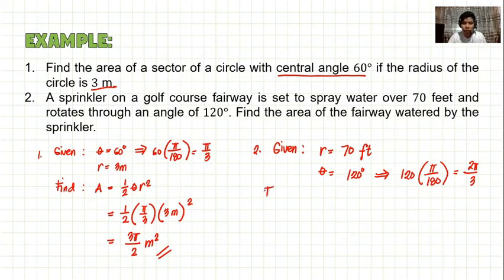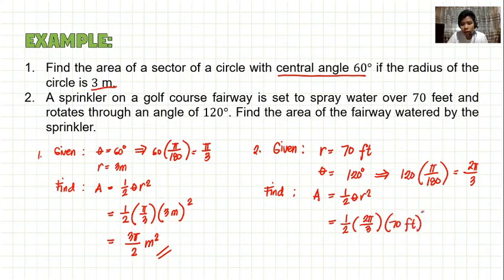And we need to find the area, and that is equal to 1 half theta r squared. Applying this, we will just do direct substitution here. So we have 1 half multiplied by 2 pi over 3, and 70 feet squared.